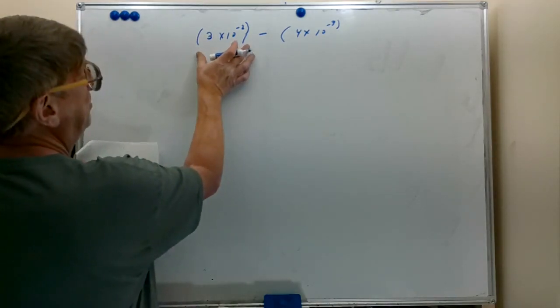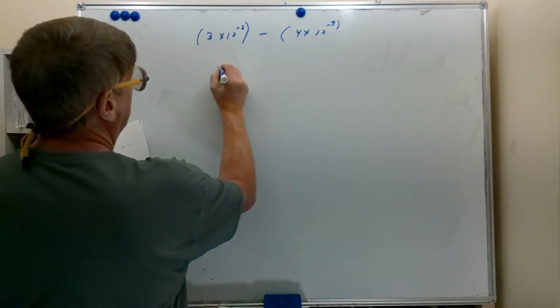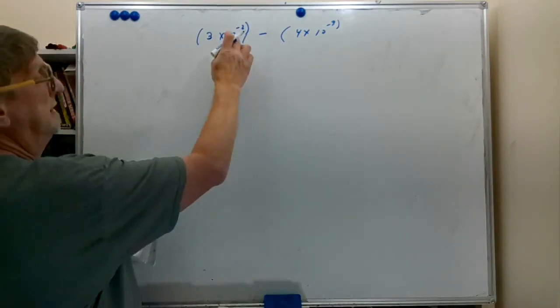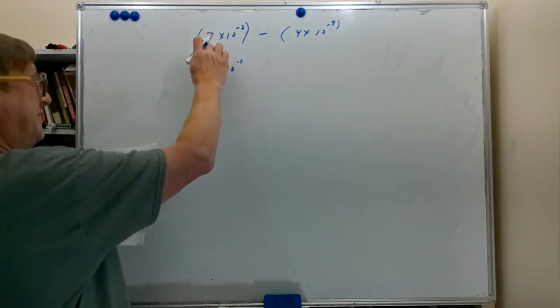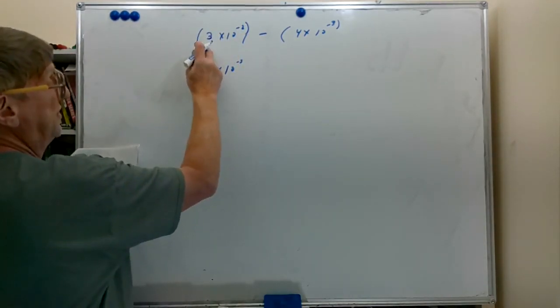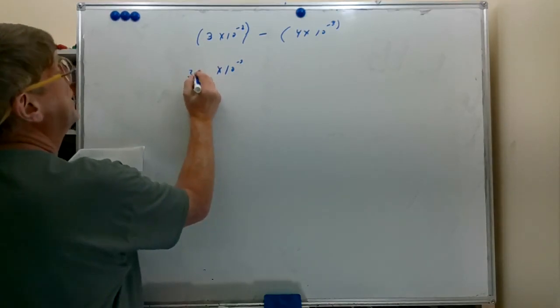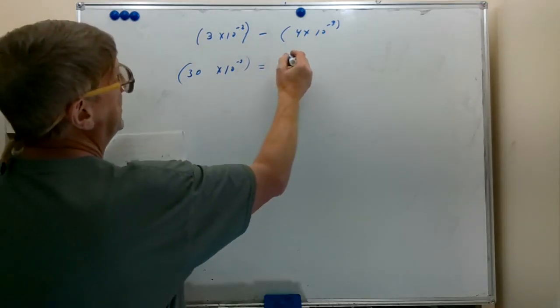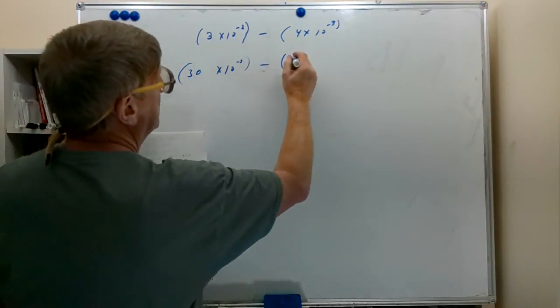to be -3. So it's going to be 10 to the -3, which we made this number smaller. We're going to make this number bigger. So that becomes, instead of 3, we move it 1 to the right. We get 30 times 10 to the -3. This one we don't do anything with because we've got them in the same value.